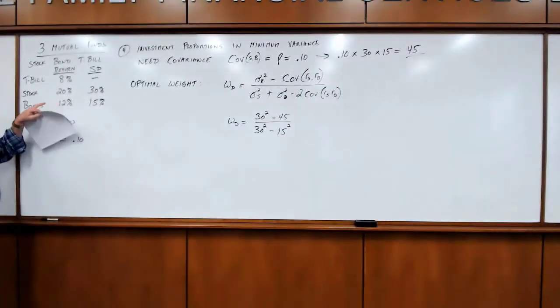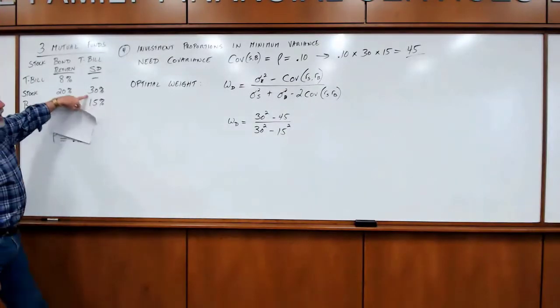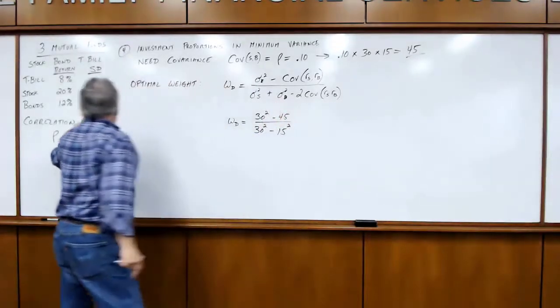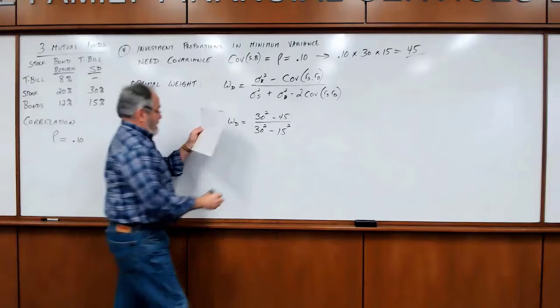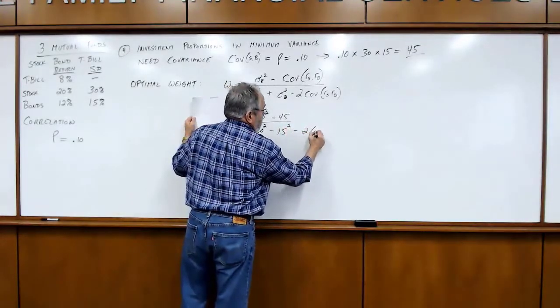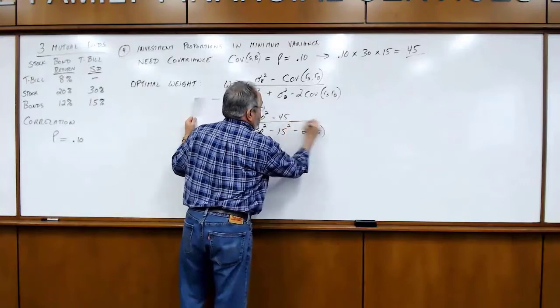Sigma of stock is 30, so squared, minus 15, sigma bonds, minus 2 times 45.